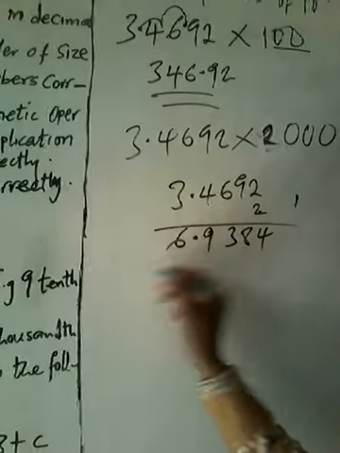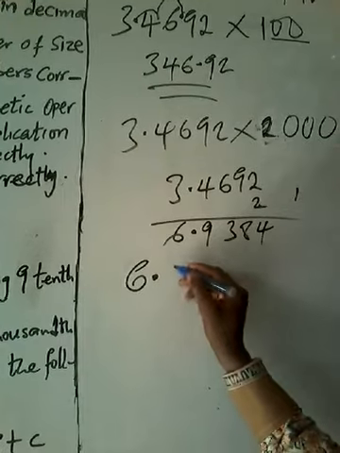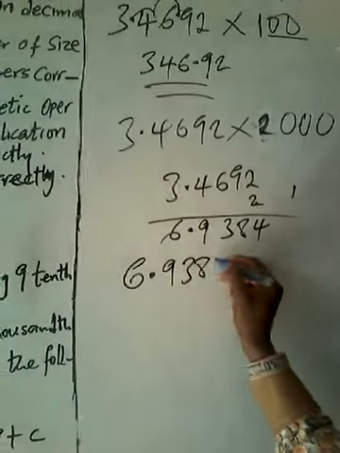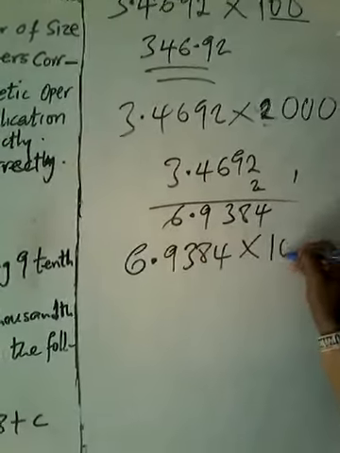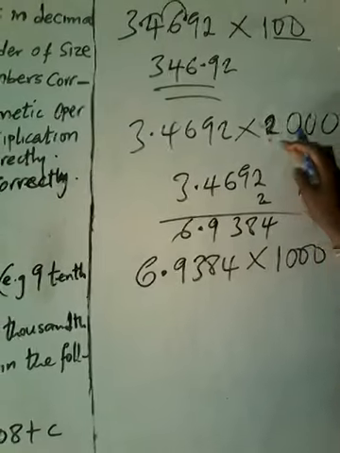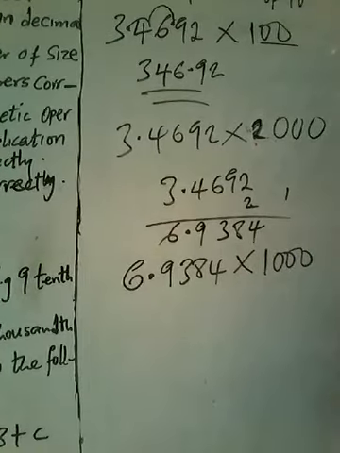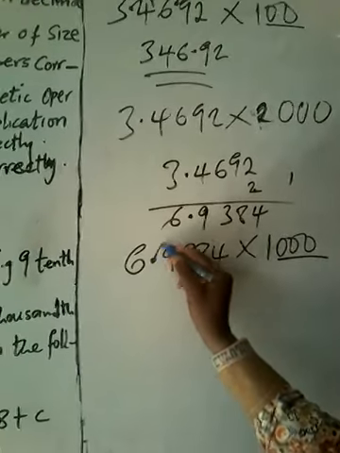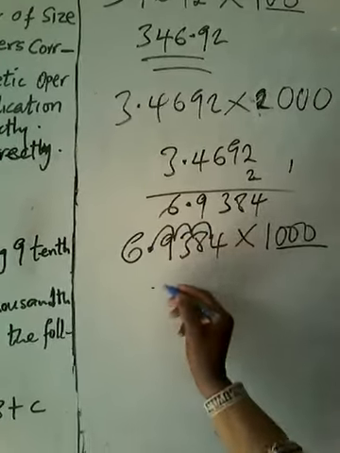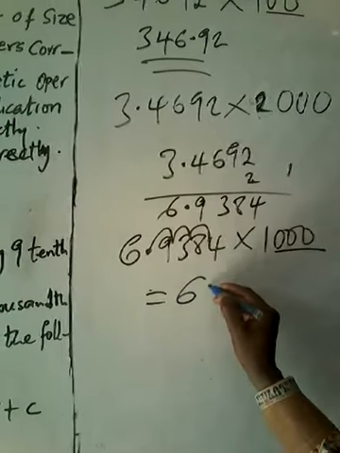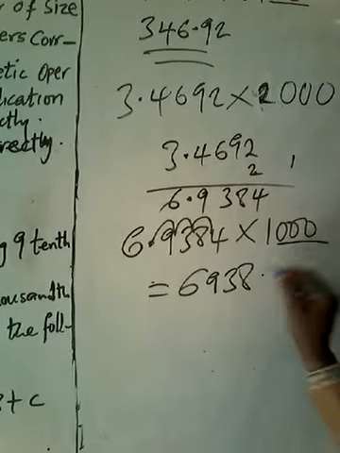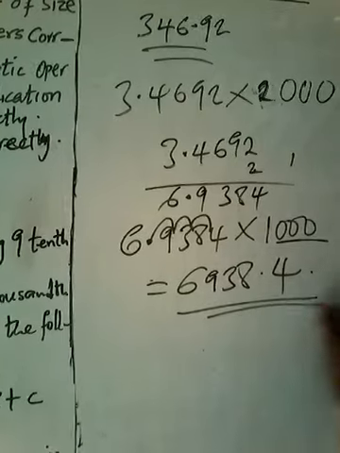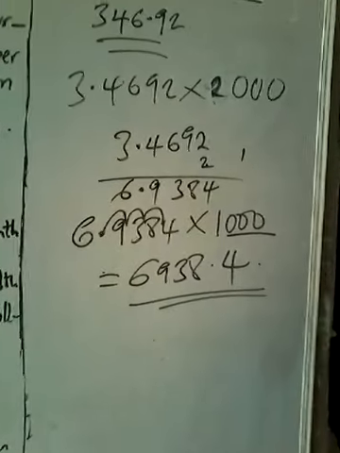Now, when you have done this, what you have is 6.9384 multiplied by 1000. Because the 2 has done its work. Now, use this 1000 to move the point 3 places to the right. 1, 2, 3. So, what you have is your answer, 6938.4.